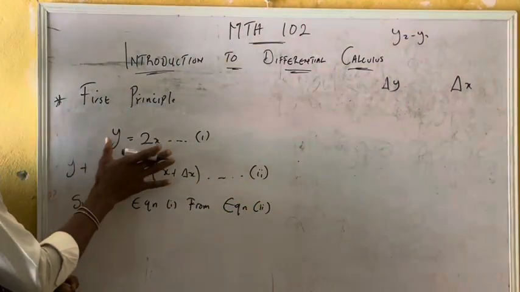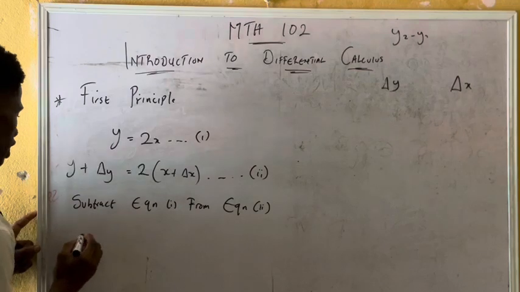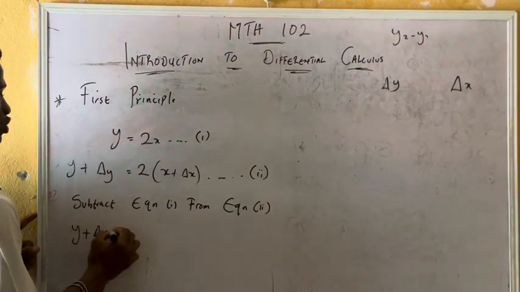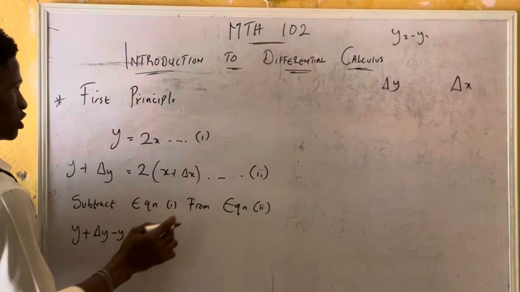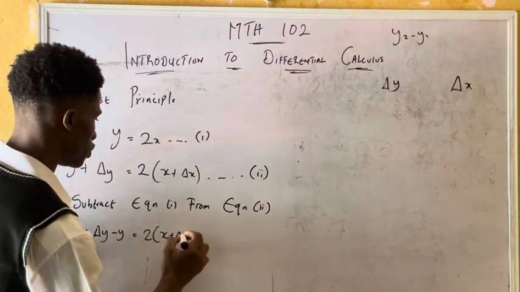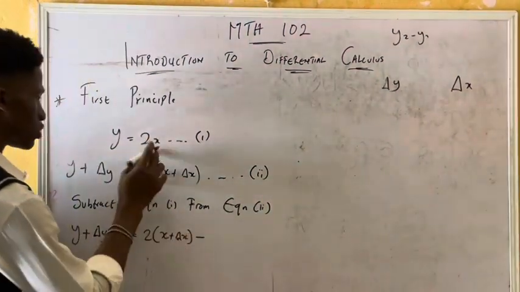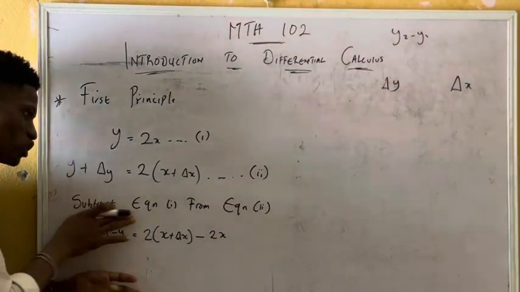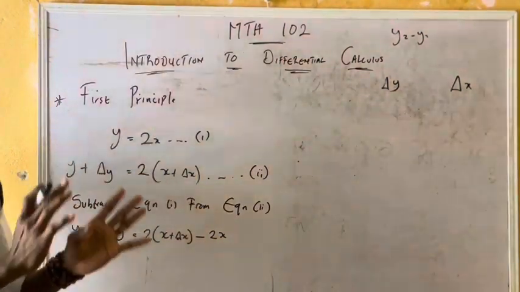So meaning we are subtracting this from this. Now let's subtract. This is y plus change in y minus y is equal to 2 brackets x plus change in x minus 2x. Very easy. Subtract this from this, and that's what we are doing.